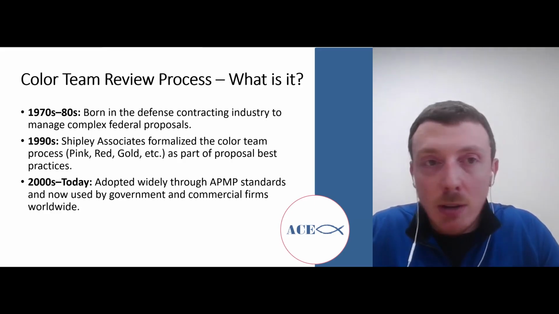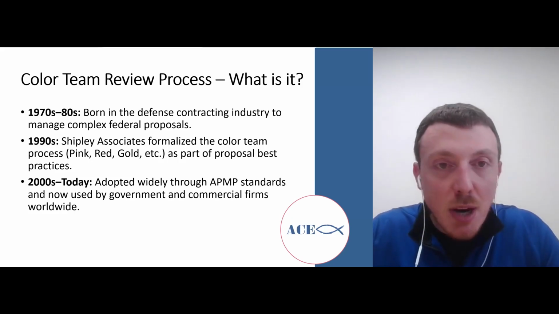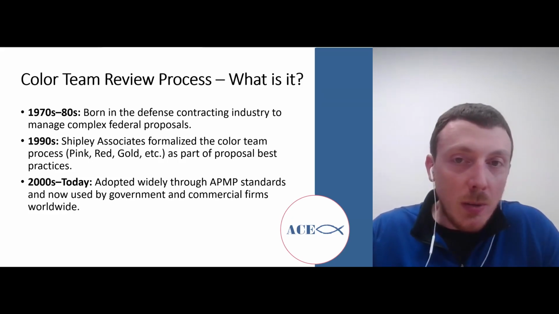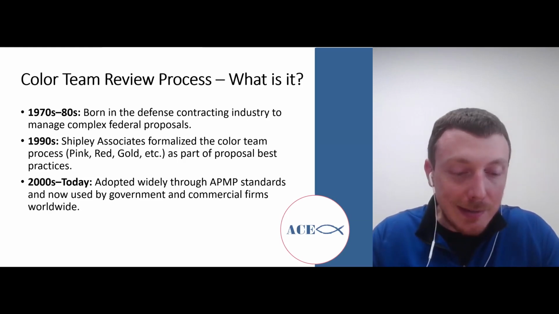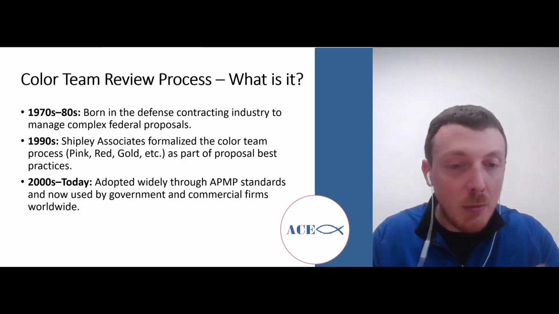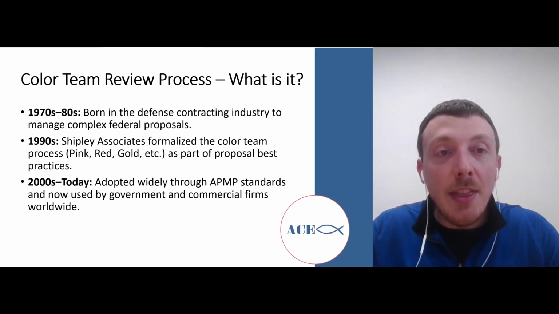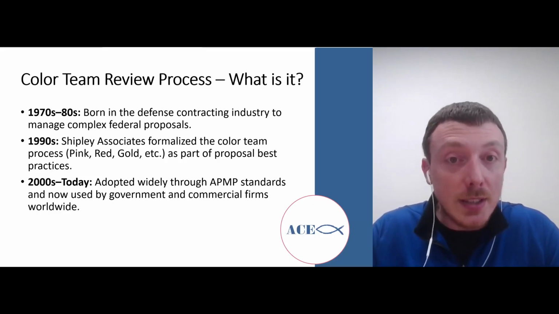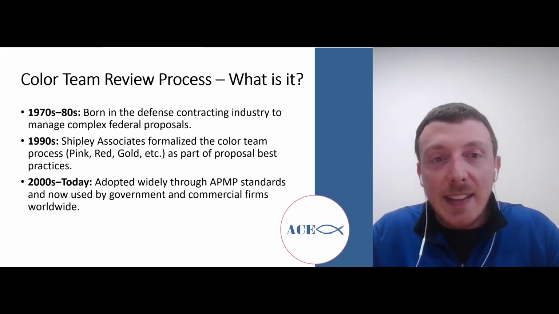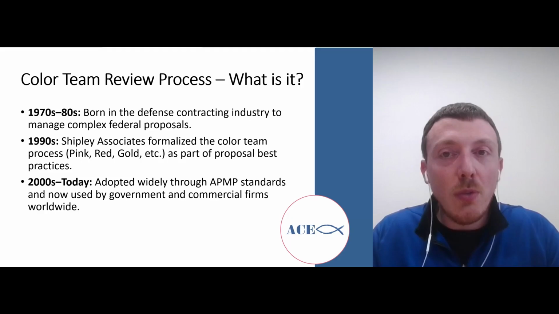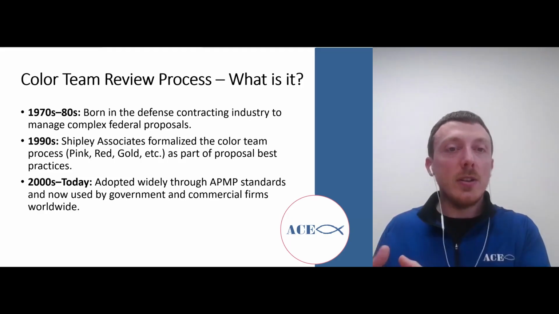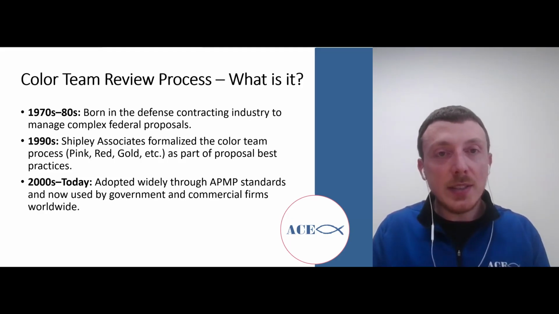Some of the early 70s and 80s projects. What was going on there? Well, you had a lot of, take your pick, Lockheed Martin, Northrop Grumman, whatever the company was. They were working on very complex projects, and they started to incorporate these different colors into the review process, and each color meant a separate thing.